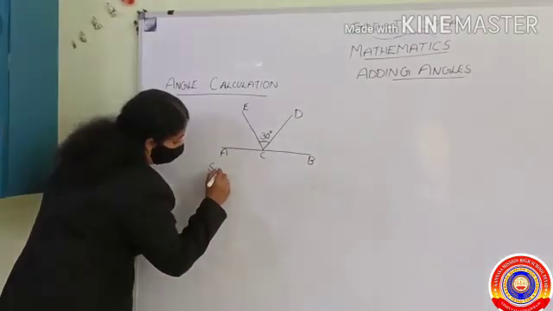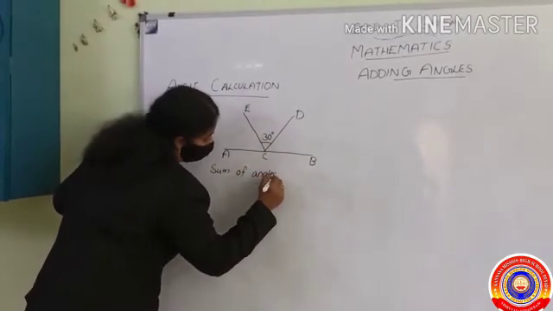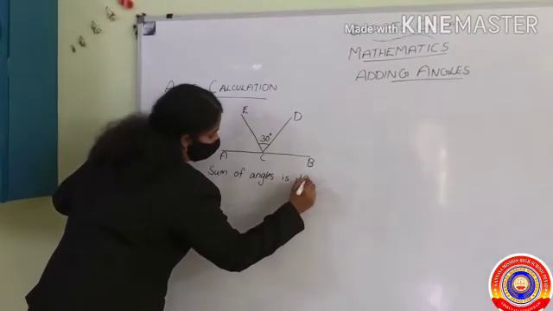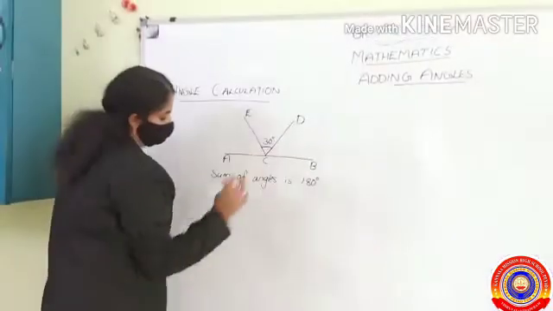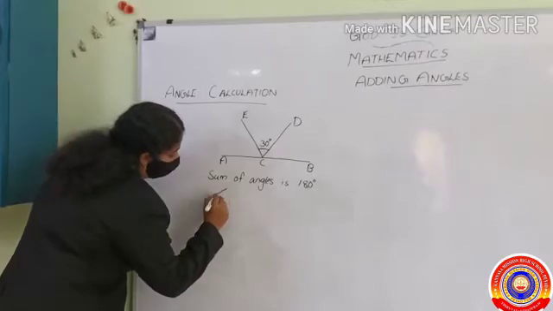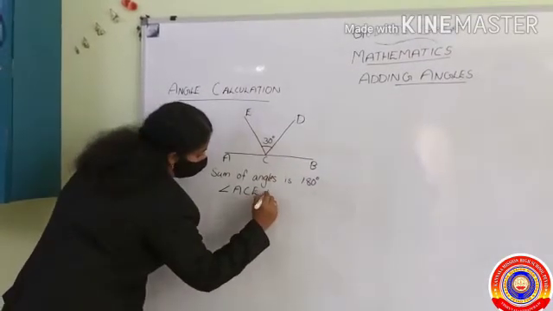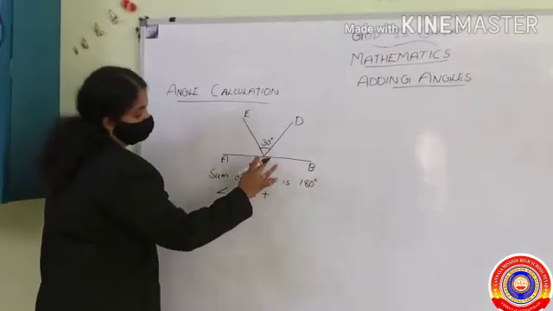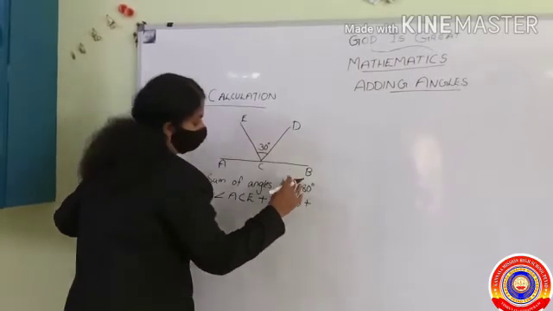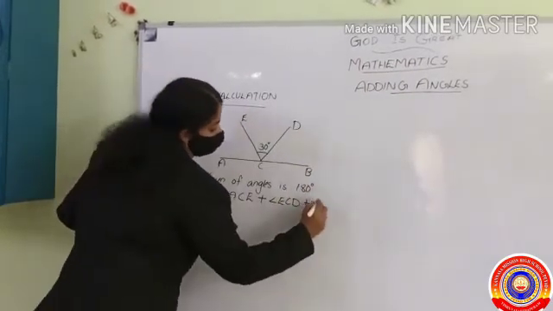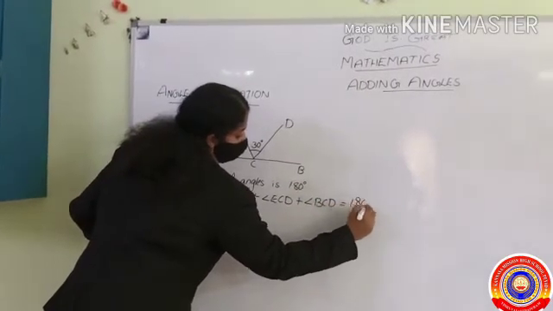So the sum of the angle is 180 degree. That is by adding the three angles, angle ACE plus angle ECD plus angle BCD is equal to 180 degree.